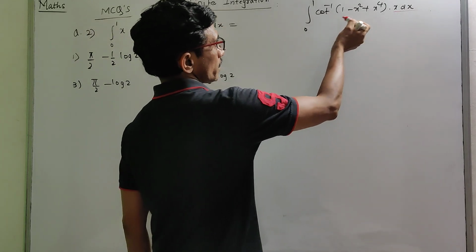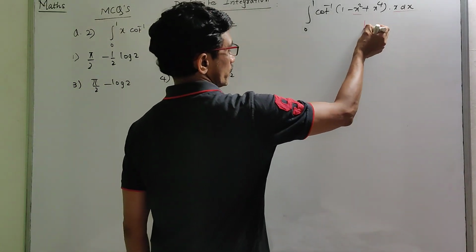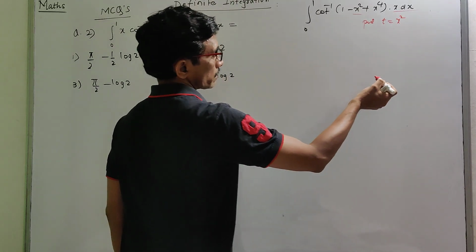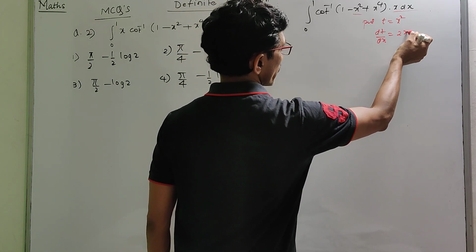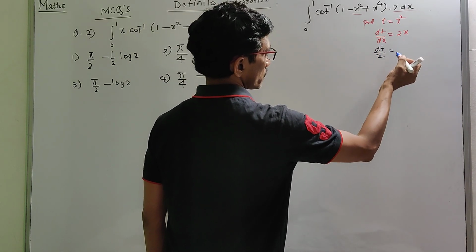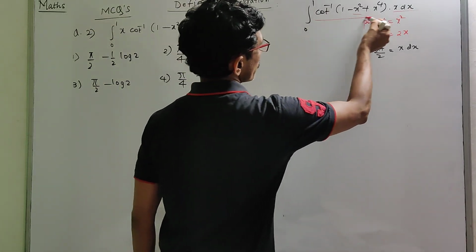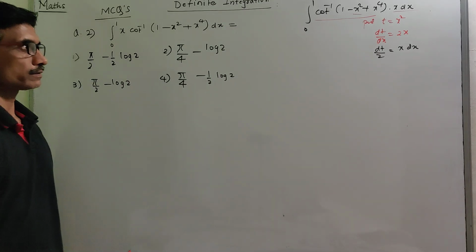So we can substitute here x square is equal to t. So we put t is equal to x square, so that dt by dx is equal to 2x, and dt upon 2 is equal to x dx. Again this cot inverse we will write as tan inverse of the reciprocal of that.